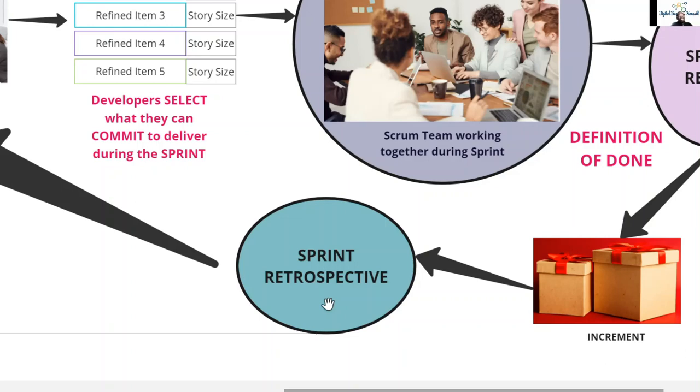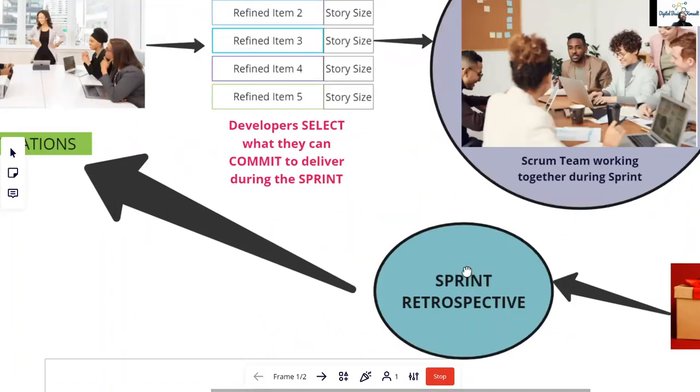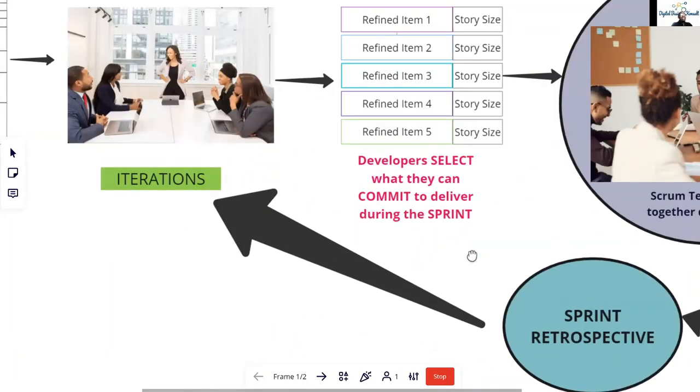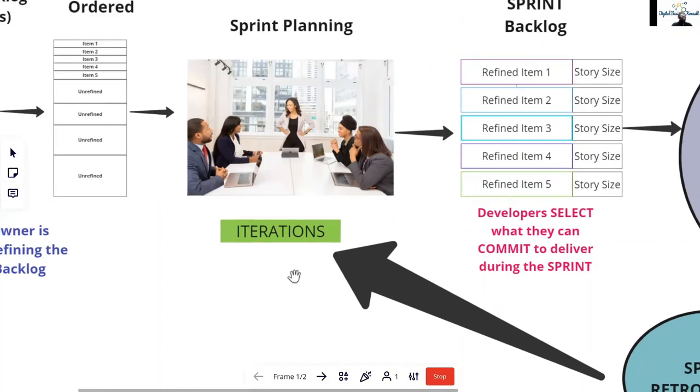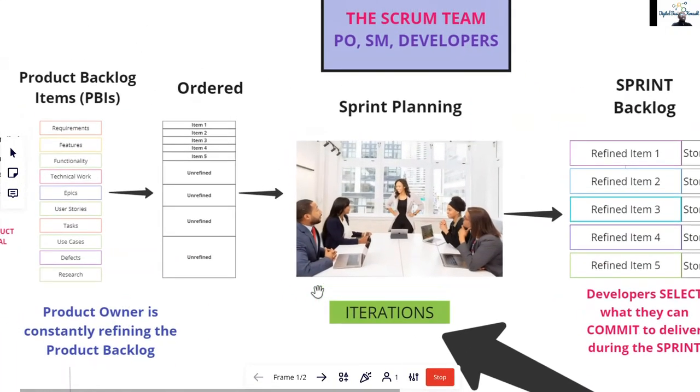So that's what is very critical in the sprint retrospective. And once the sprint retrospective is over, then another iteration starts, and then the cycle continues, where we go back to the sprint planning.